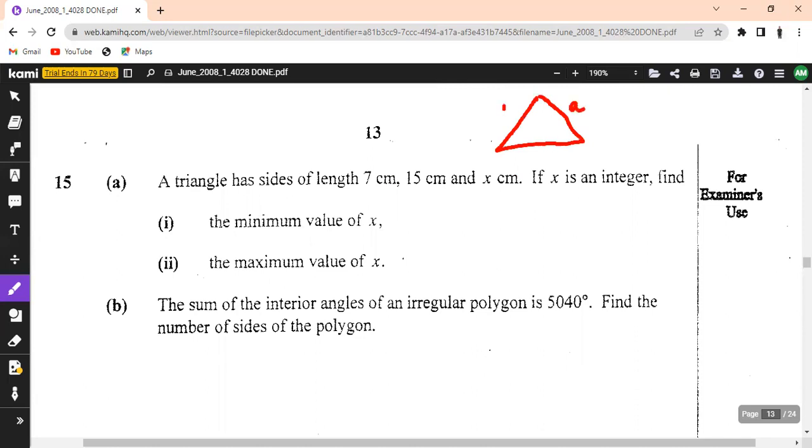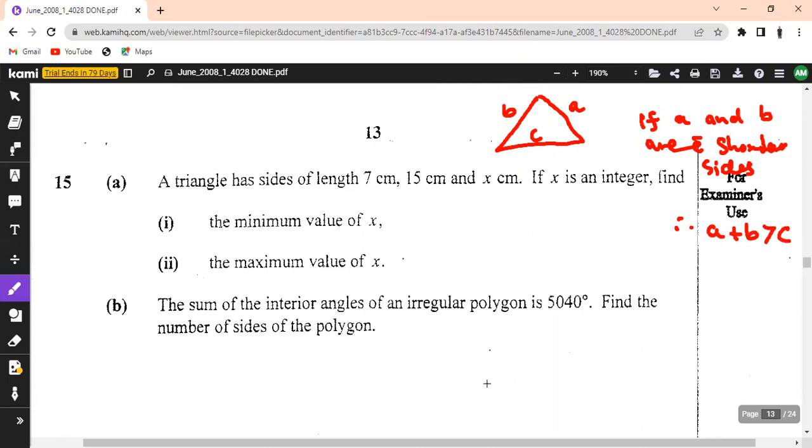Let's say A, B, and C, like this. If A and B are the shorter sides, therefore A plus B, the shorter sides, must be greater than C. Whenever you're dealing with a triangle, when you add the shorter sides, they will always give you a value that is bigger than the third side, which is the larger one.